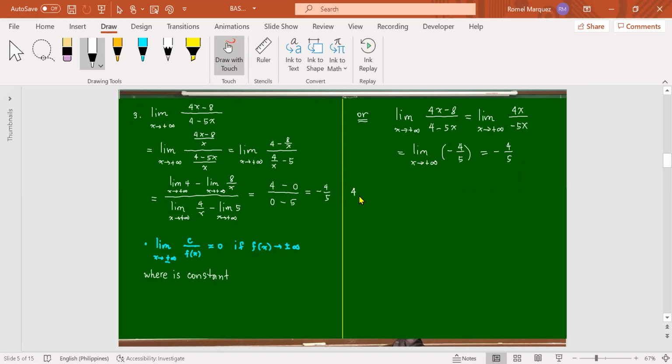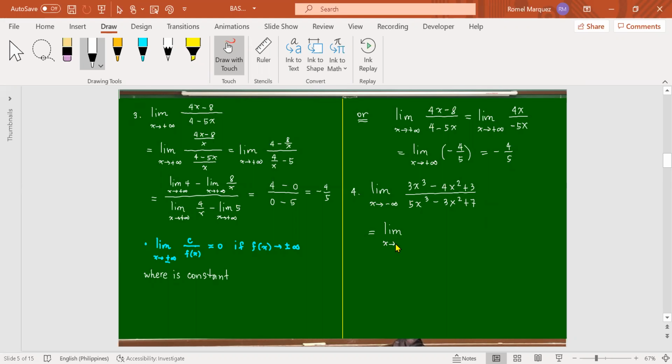Yan. O number 4, limit as x approaches, let's say, negative infinity of 3x cubed minus 4x squared plus 3 all over 5x cubed minus 3x squared plus 7.